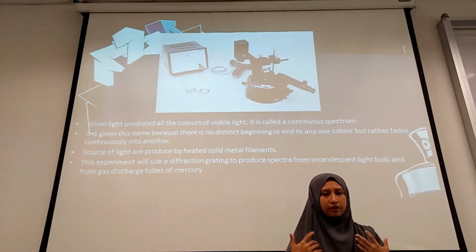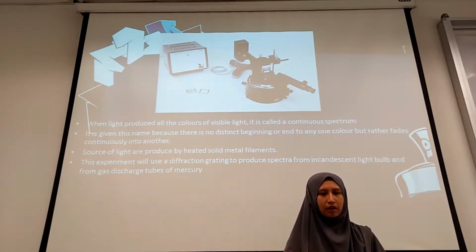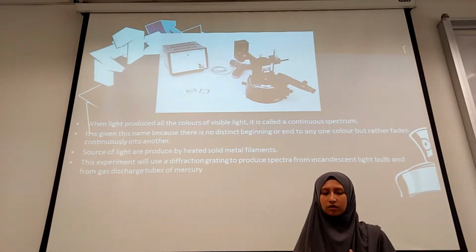We know that this experiment is about continuous spectrum, and there are two types of spectra. First, line spectra, and second, continuous spectra. Here I am going to focus on continuous spectra because this experiment is about continuous spectrum.